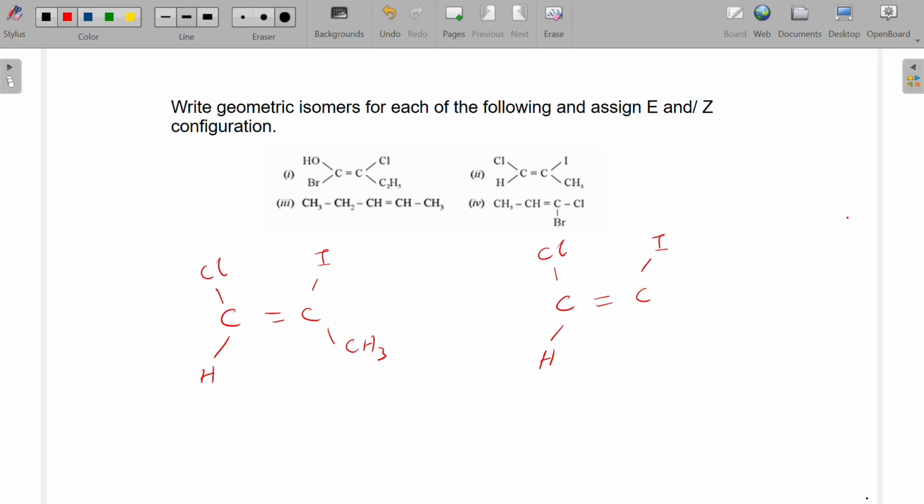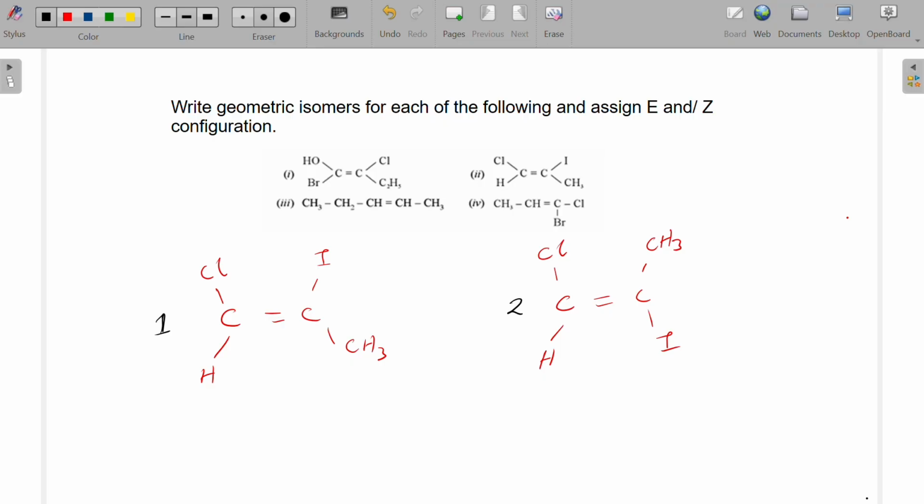So I'm switching the right side. We're going to have a CH3 here, and we're going to have the iodine here. So already I have my two isomers. For this one, isomer number one, and we'll call this one isomer number two.